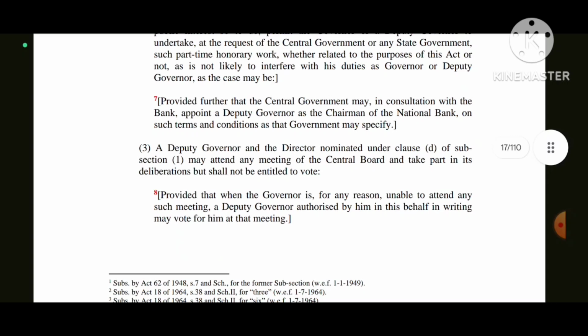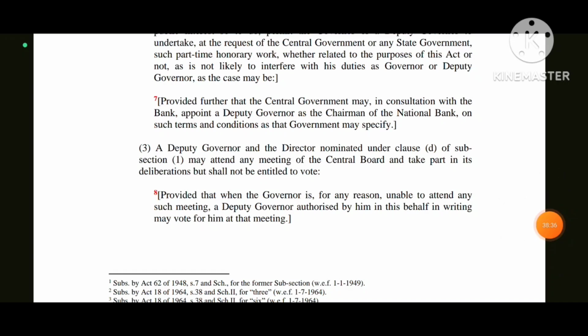Next is subsection 3. A deputy governor and the director nominated under clause D of subsection 1 may attend any meeting of the central board and take part in its deliberation, but shall not be entitled to vote.